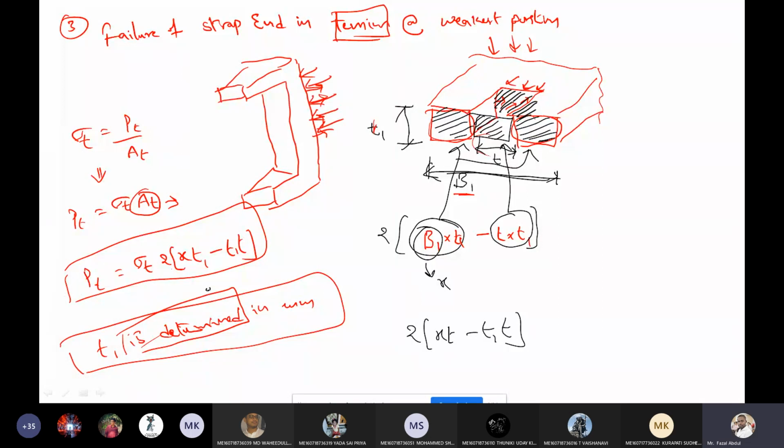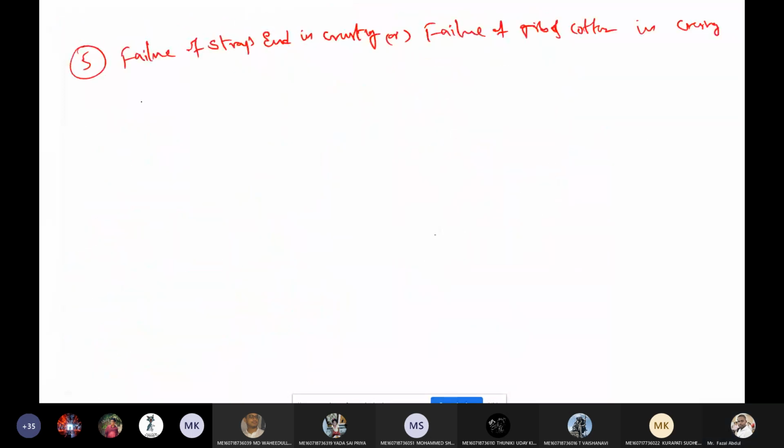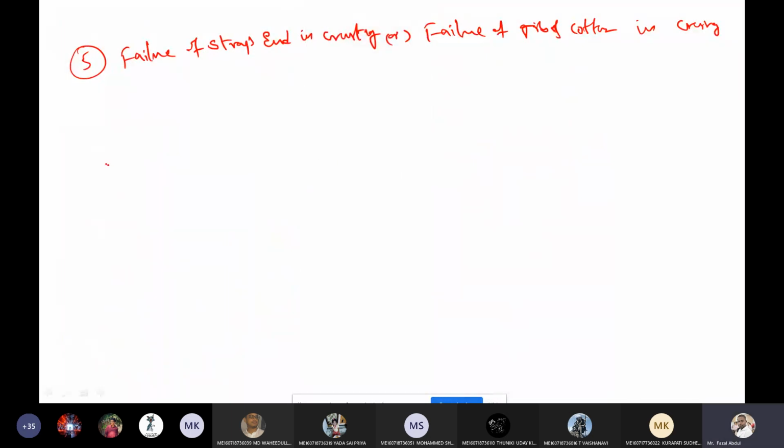So what is that area? The area is T into T1. Because it is crushing, the respective stress is sigma C equals P_C by failure area in crushing, that is P_C equals sigma C into A_C.